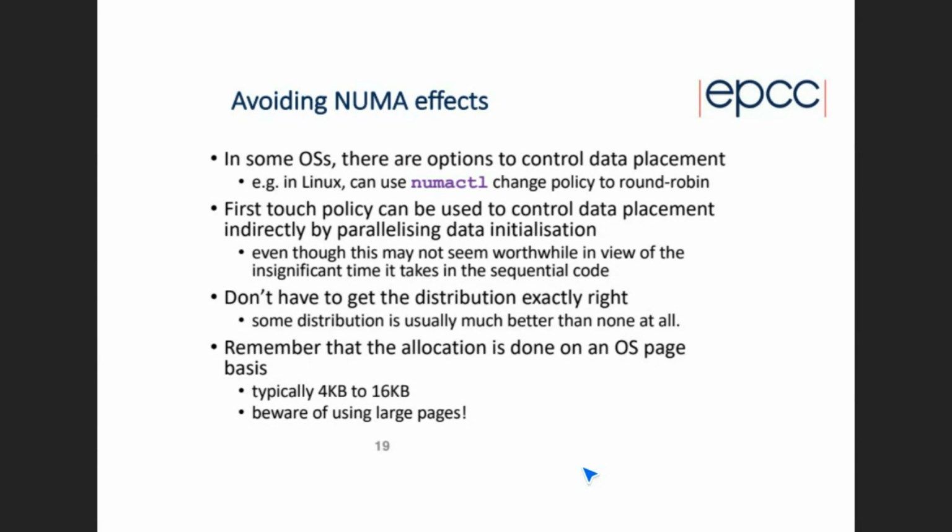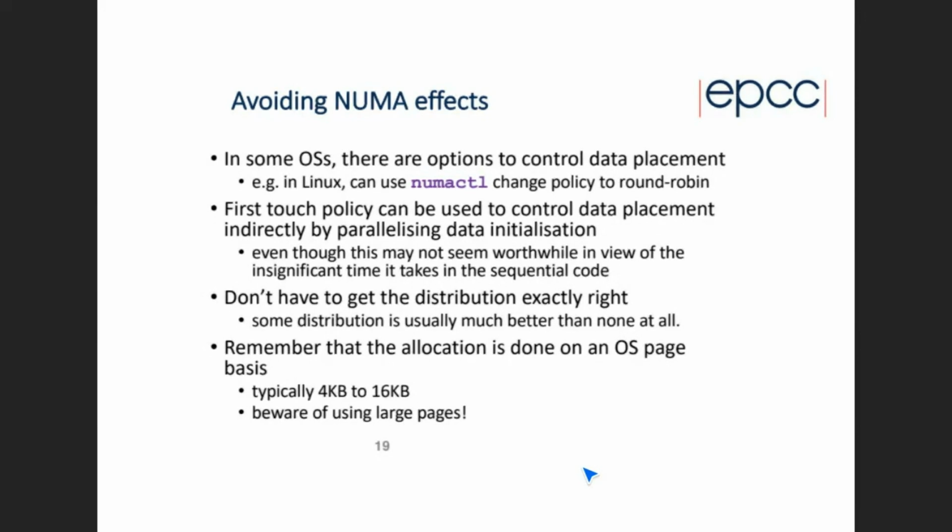It can be difficult, though you don't have to get the distribution exactly right. In many applications, there isn't necessarily one right solution for how your data ought to be optimally distributed anyway. But at least some distribution is usually much better than none at all. So just avoid this worst case scenario where all your data ends up in one NUMA region.